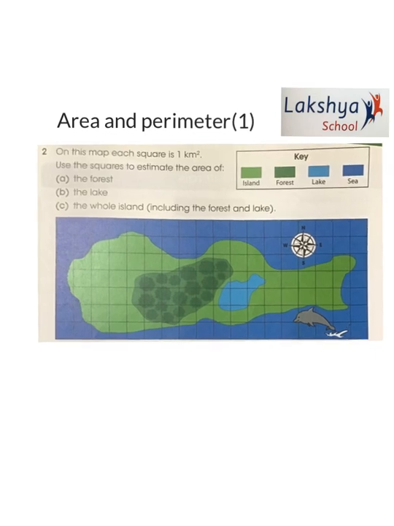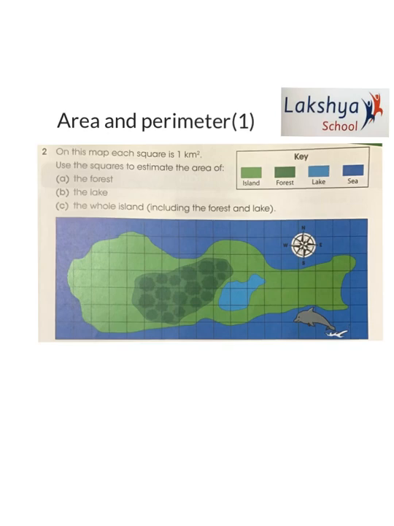The forest is shaded with dark green color. How do we count? If the area covered over here is more than half, we need to round it up to 1 kilometer square.